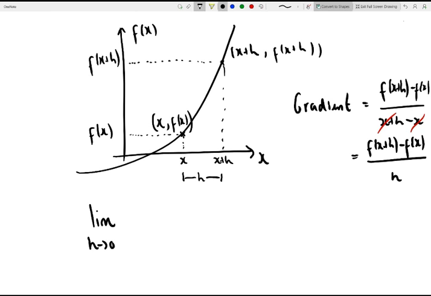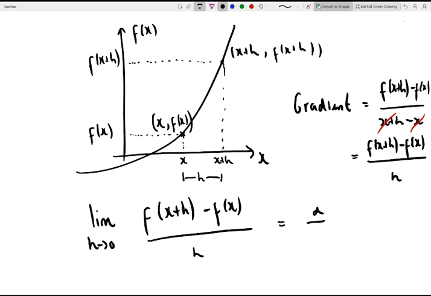So as h tends to 0, this gap that we have here gets smaller and smaller until finally we have a tangent almost at this point. So the limit of f of x plus h minus f of x over h is the derivative with respect to x of f of x.